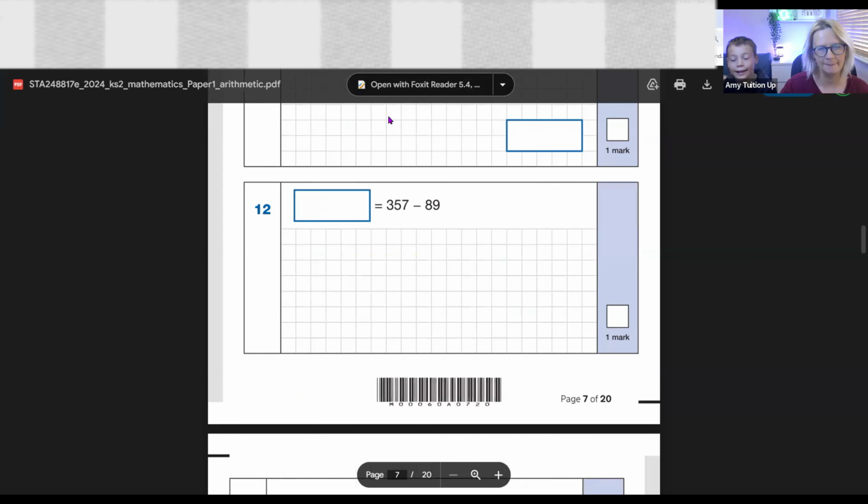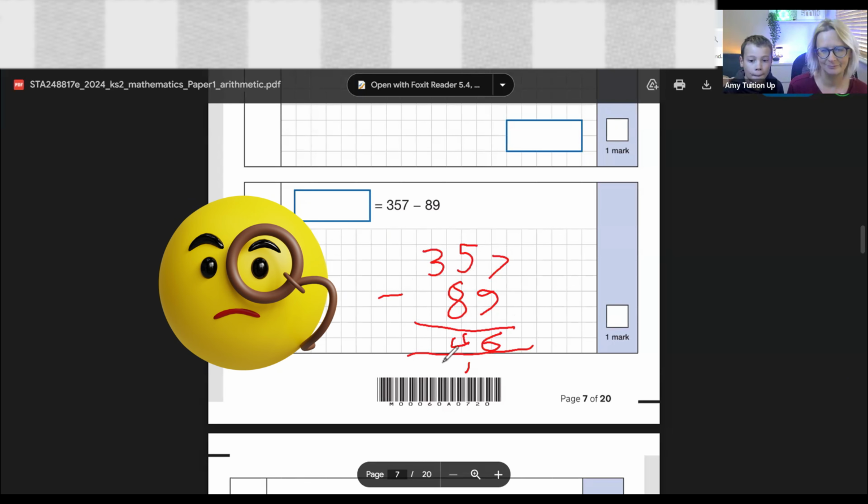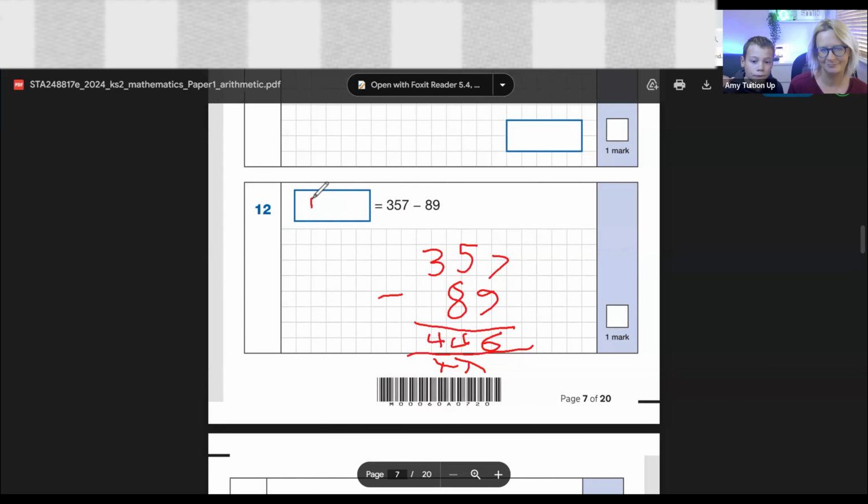Subtraction. You want to do this one? Yeah. Okay, go for it. I added them. You added them.